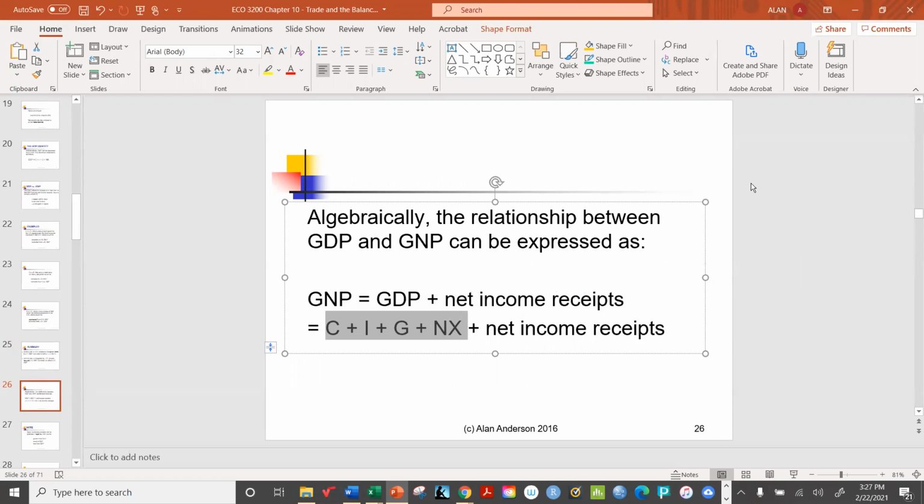Now, those net income receipts, by the way, can be positive and they can be negative. So our GDP could be less than our GNP, they could be equal, or GDP could be greater. But for the United States and many other Western European countries, the difference between the two is usually very small in percentage terms. So we'll focus most of our attention here on GDP.